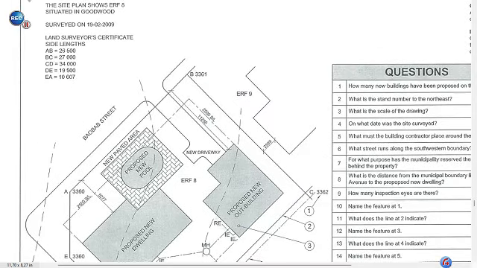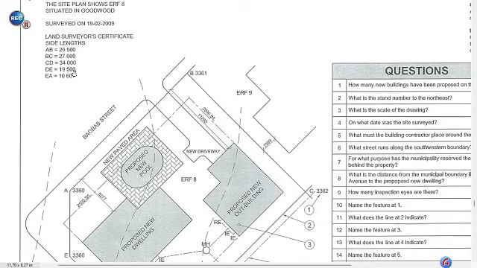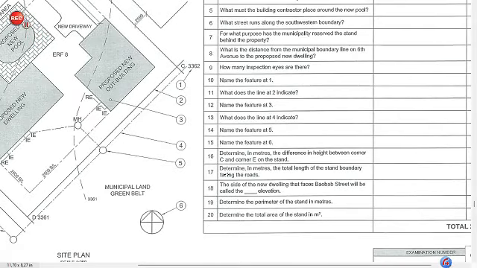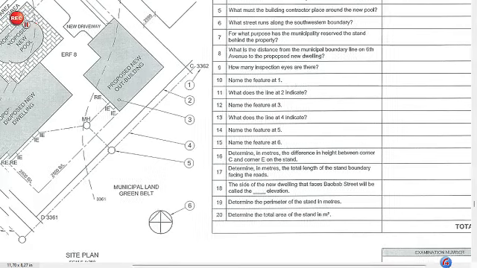If you look at DE, DE is 19.500 or 19.5, and we will have an answer of 56,607. 56,607. Number 18, the side of the new dwelling that faces Bobat Street will be called which elevation?